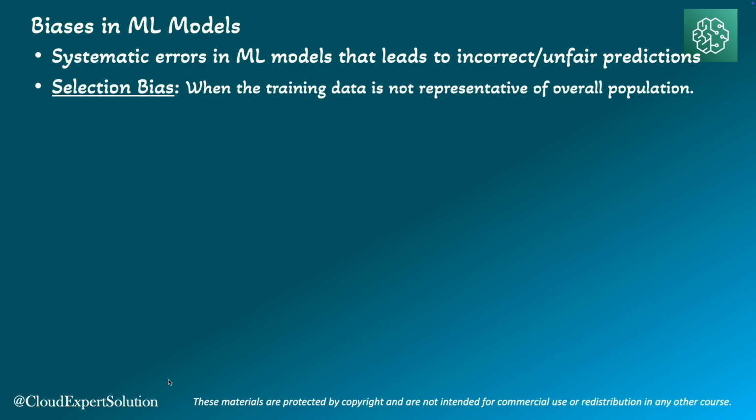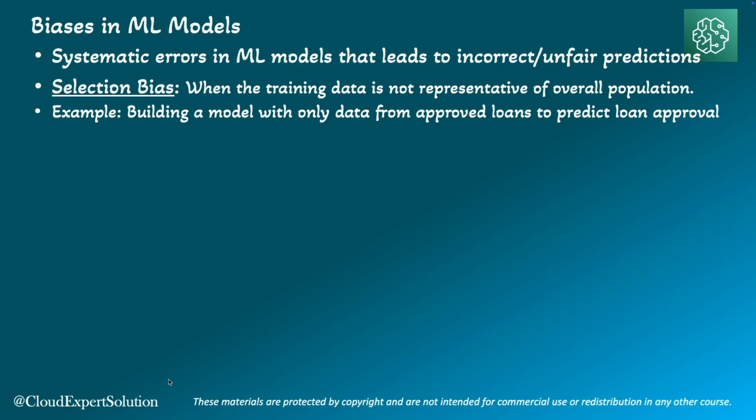To start with, selection bias. Selection bias occurs when the training data is not representative of the overall population. For example, if you are building a model to predict loan approvals but only use dataset from approved loans, the model may not learn the characteristic of rejected loans and it leads to selection bias in terms of prediction.